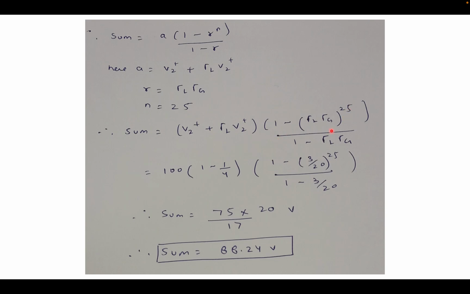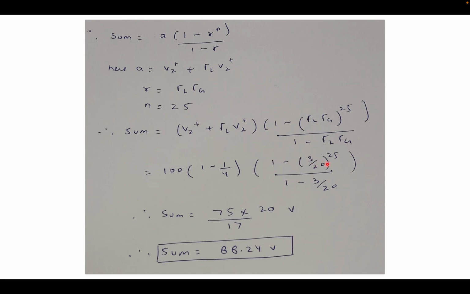Now if you find the product of tau l and tau g, it is much less than 1, because you are multiplying 0.6 by 0.25. If you raise it to a power like 25, it will be close to 0. So this term will be mostly 0 because it's much less than 1.